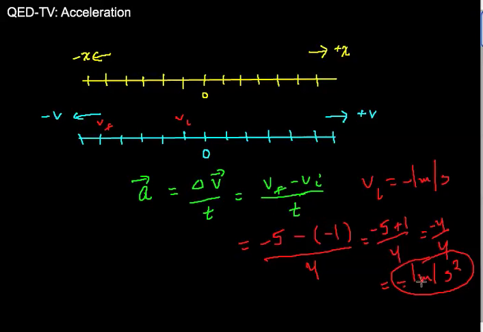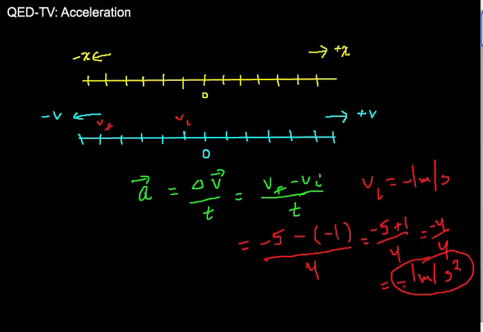So speeding up means that the sign on your acceleration and the sign on your initial velocity are the same. If they're opposite, if they're different, then you would be slowing down.